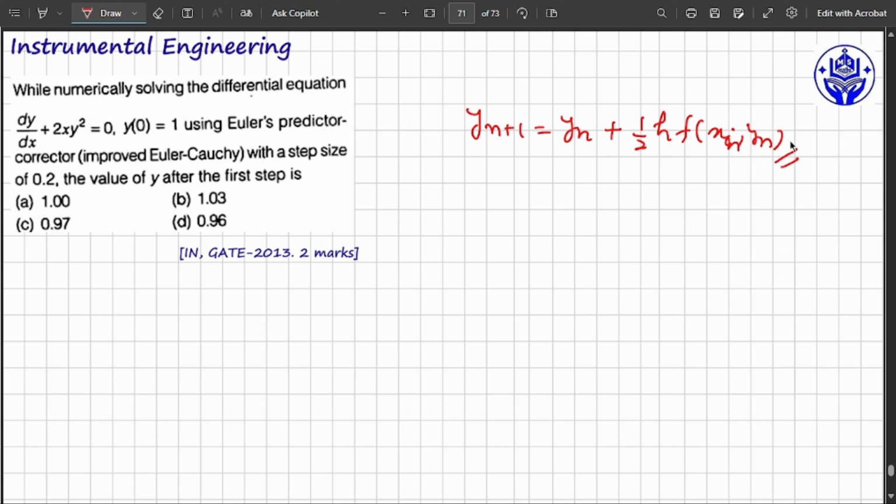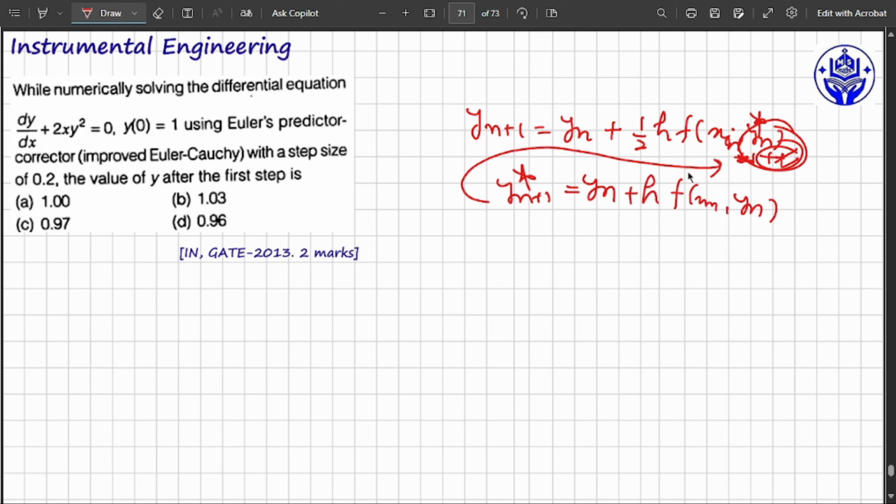This is the formula. Now here xn plus 1 and yn plus 1 will be taken from here, and this can be found. Basically the star is the formula of the Euler modified method. Then yn plus 1 is equal to yn plus h f of xn comma yn. You will use this value here.